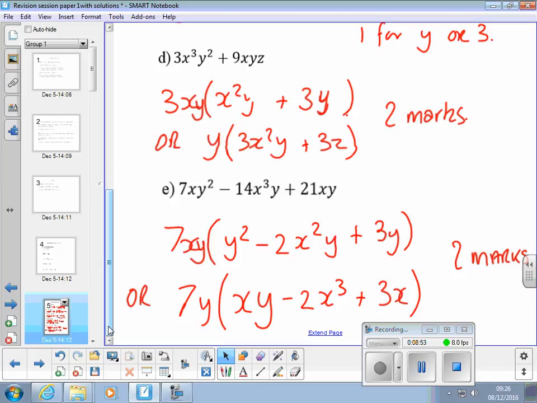And then we can factorise 7y, and again, you could include x in that as well. So the ultimate answer is 7xy outside. I'm looking to give 2 marks if you notice that one of the variables and a constant can be taken outside the brackets.